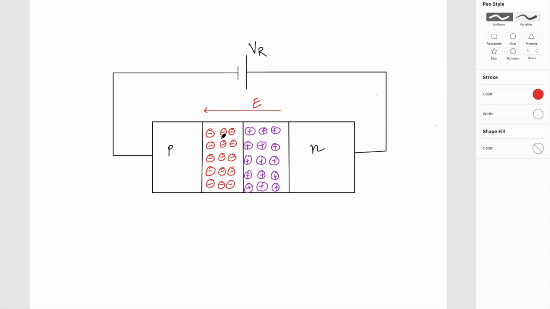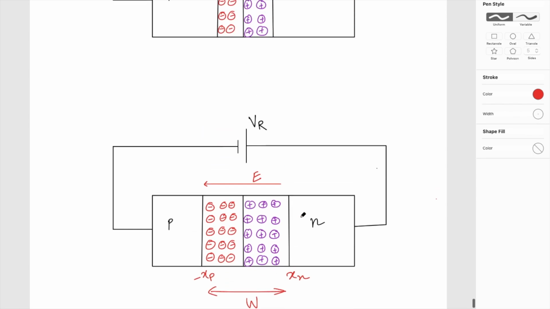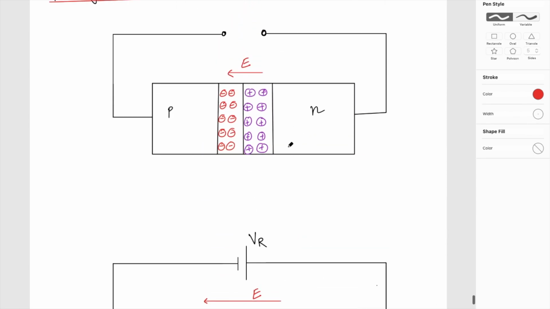So more number of charges is going to come in this depletion region, and if you see the xn and the minus xp, this w is going to become larger compared to the equilibrium condition.